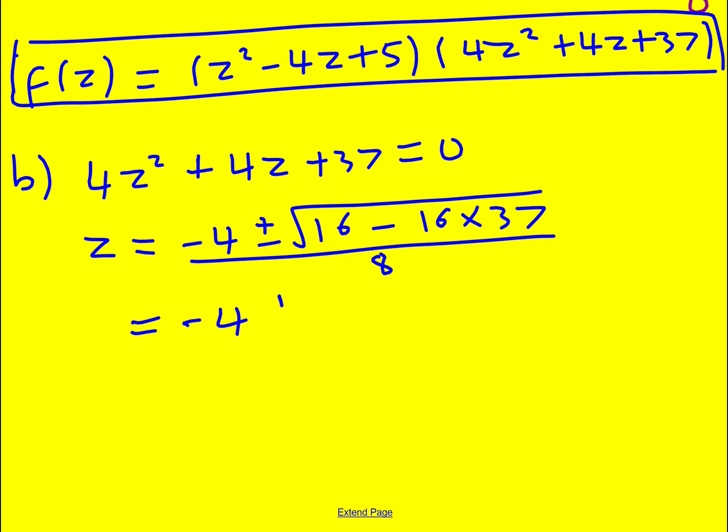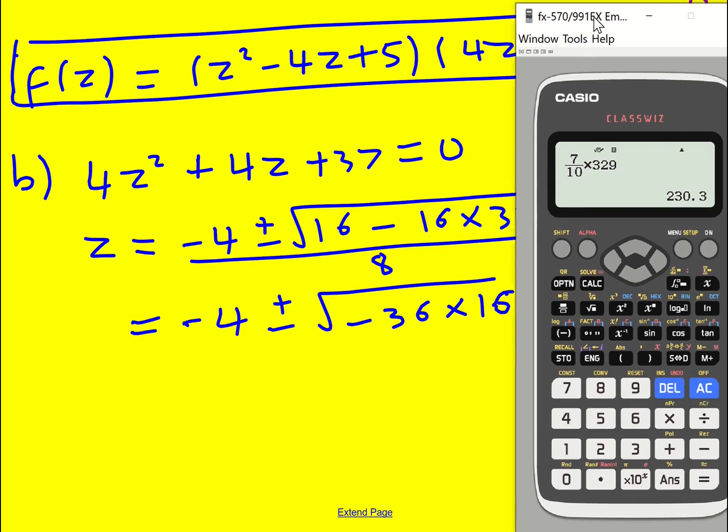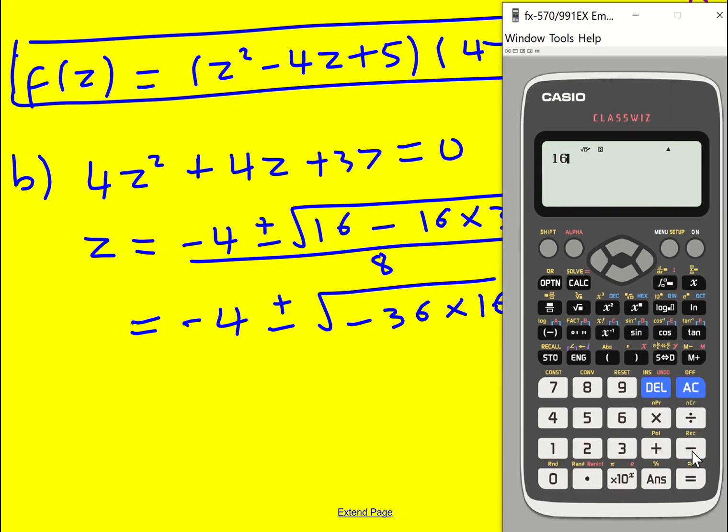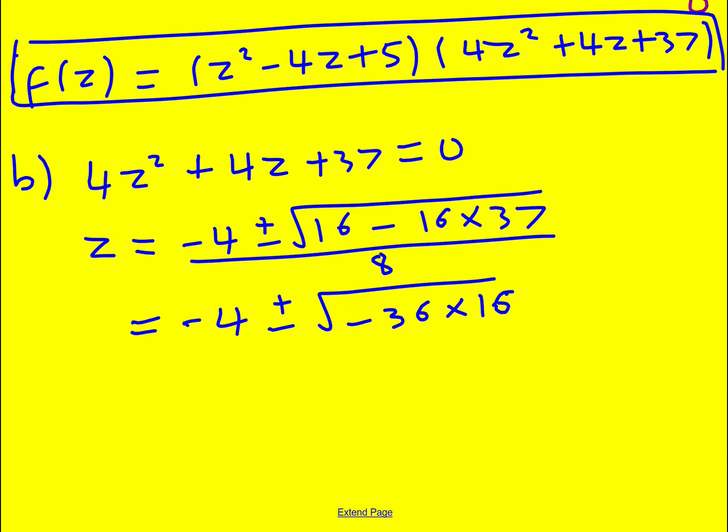So minus 4 plus or minus, now it's 1 lot of 16 minus 16 lots of 37. Actually, it's just going to be easier to get my calculator out, to be fair. So 16 minus 16 times 37 gives minus 576. It's going to change that.